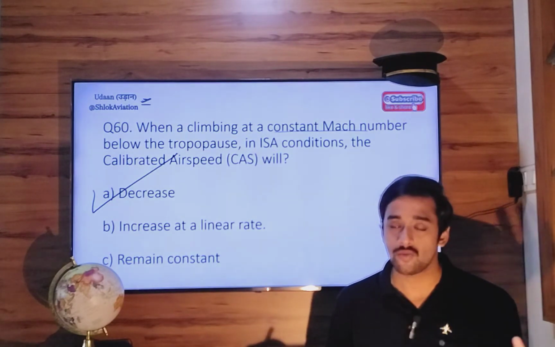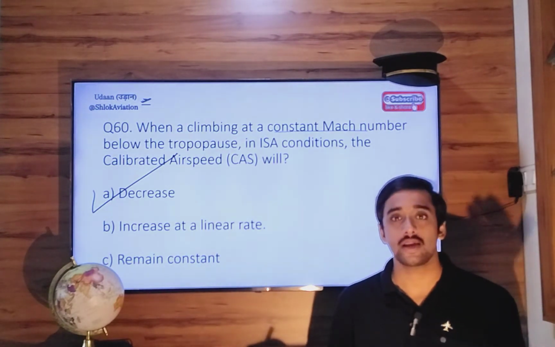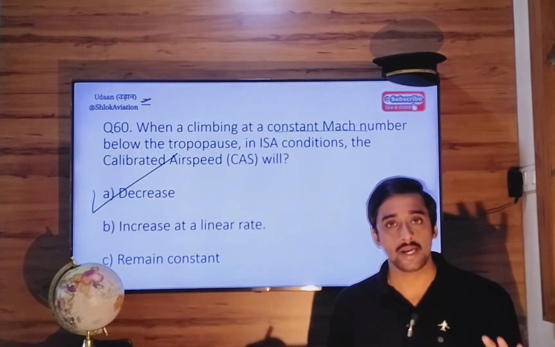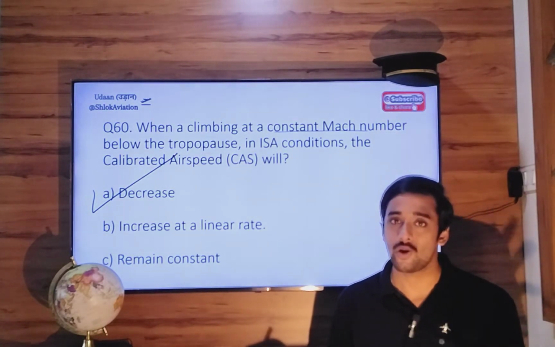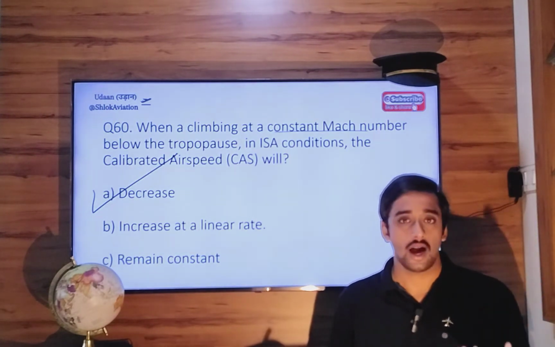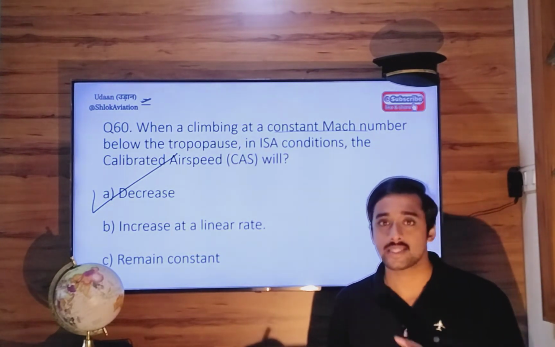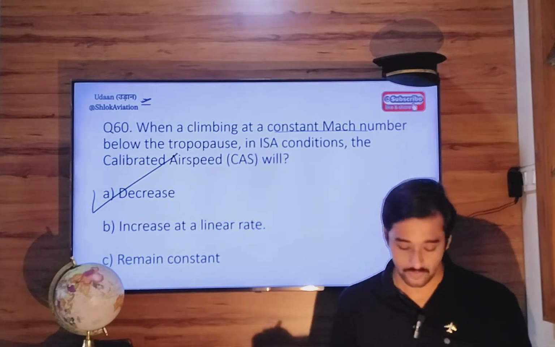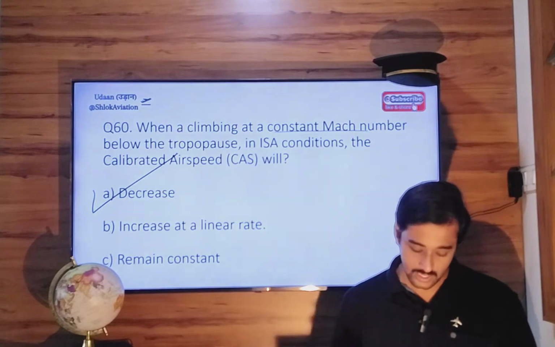Temperatures may be decreasing with rise in altitude, may be increasing, or stay constant, whatever. Your calibrated airspeed is only and only dependent on atmospheric pressure, whether you are flying in an inversion layer, isothermal layer, or an ISA compliant atmosphere. So calibrated airspeed will decrease.